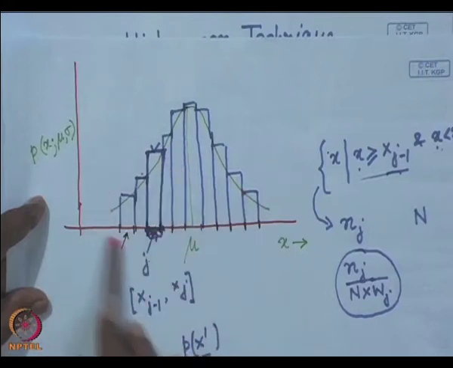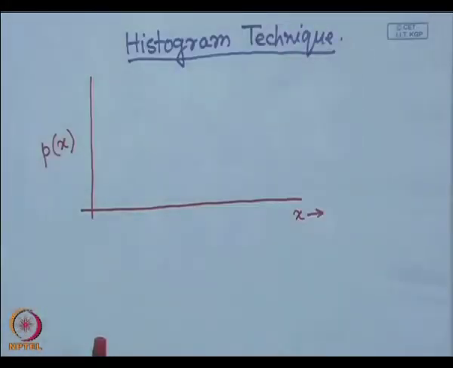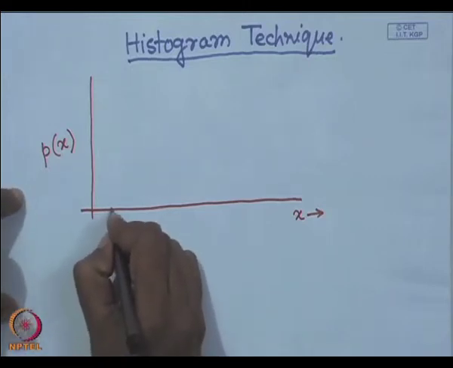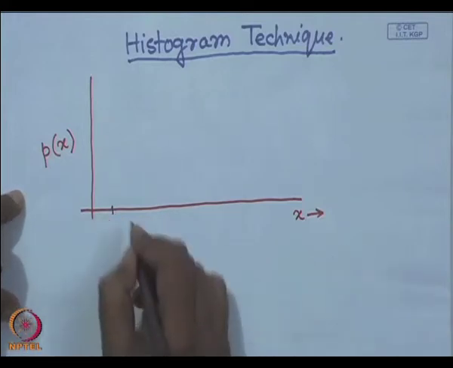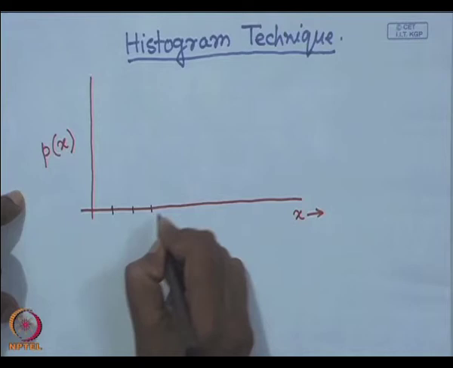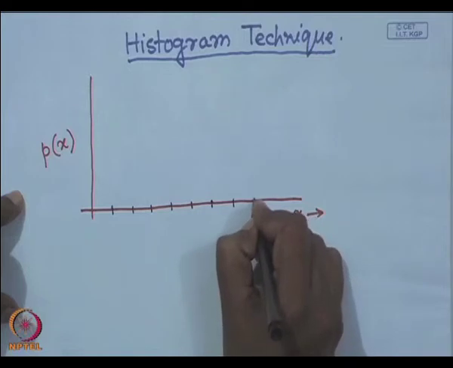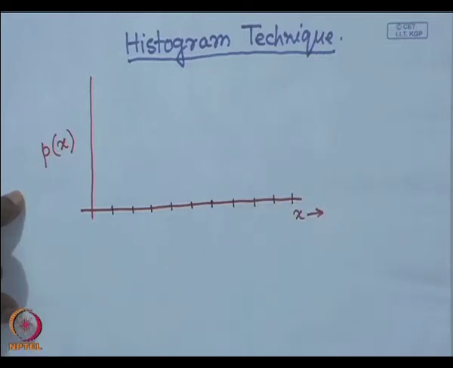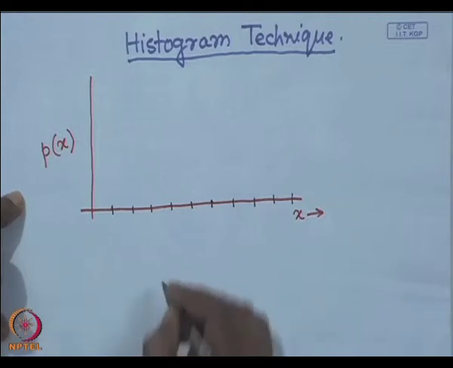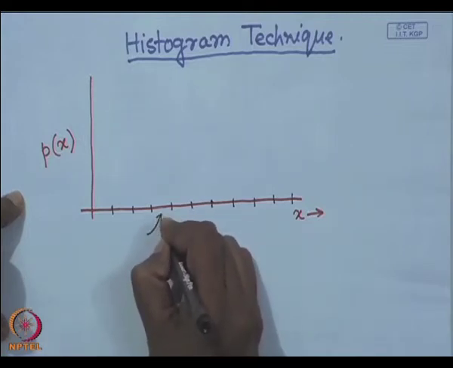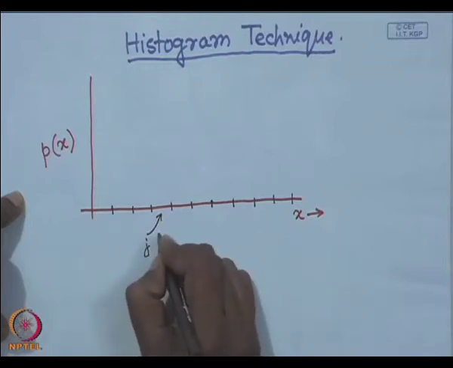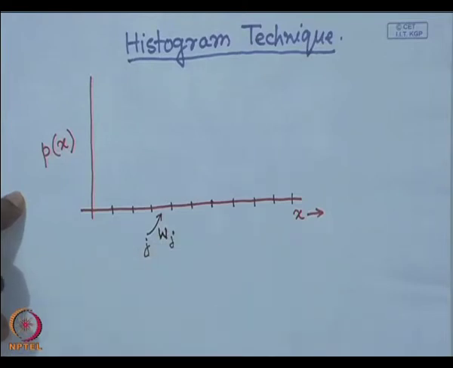So, this is the kind of situation that we had. Following the same concept, what we do here is divide this x axis into a number of intervals. So, the intervals are like this. Out of this, I take a particular interval, say the jth interval, for which the width will be given by w j. Then the situation is something like this.